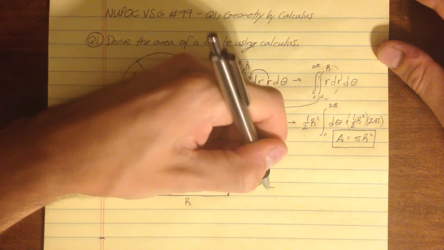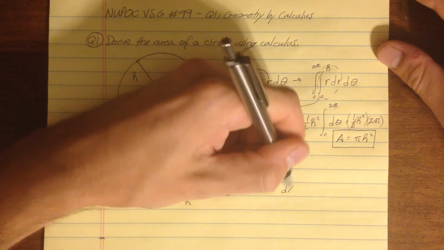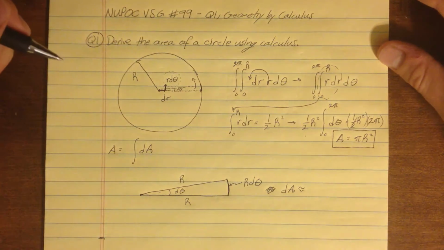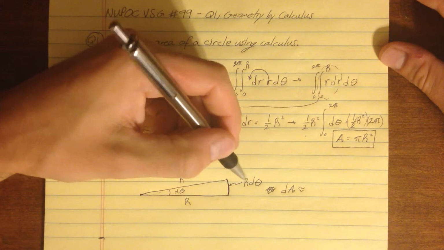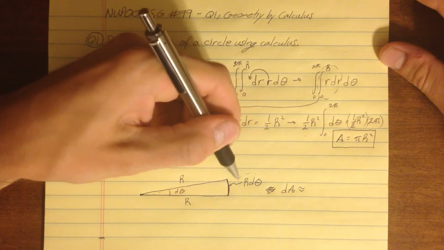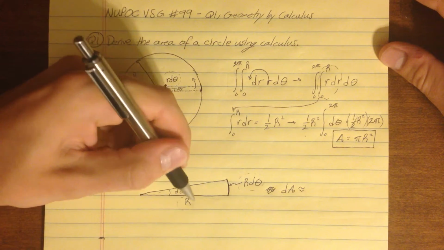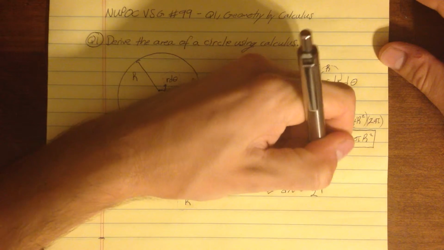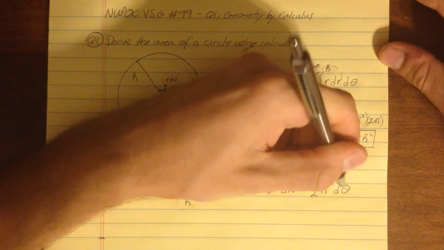the area of this, dA, is very approximately just 1/2 base times height. So here's the base, here's the height, so it's 1/2 base times height. That's just 1/2 r squared d theta.